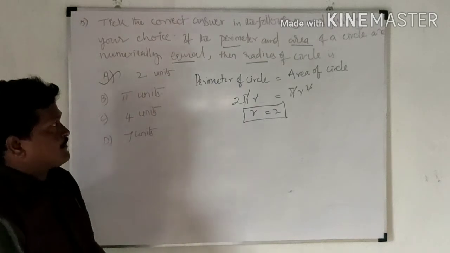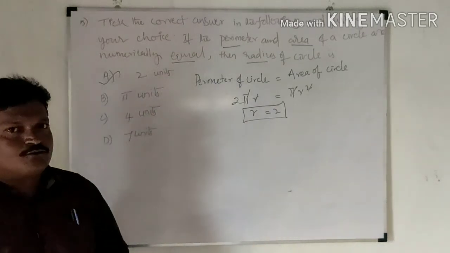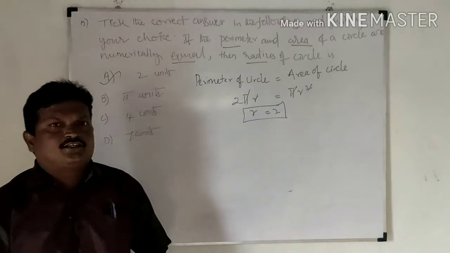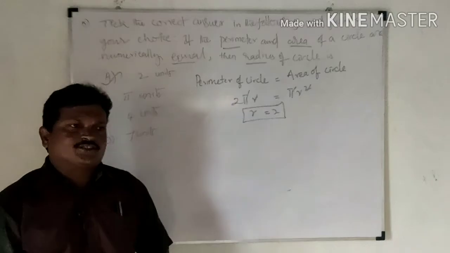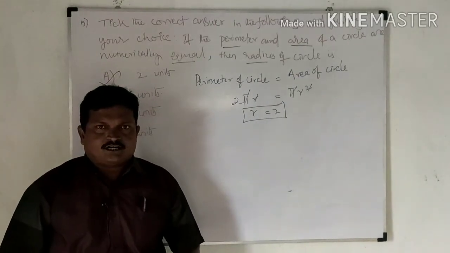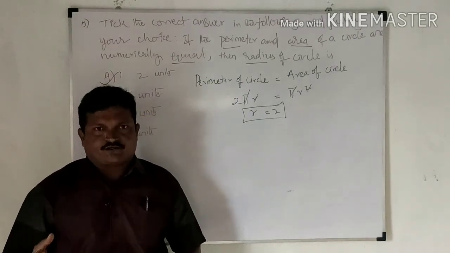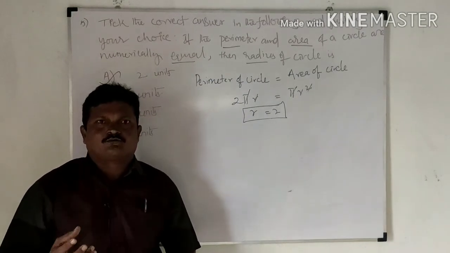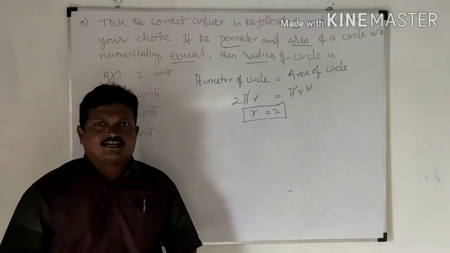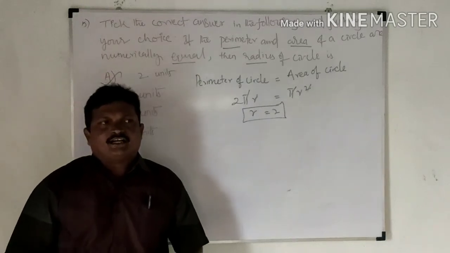Up to now we have finished 5 questions from exercise 12.1. Only 5 questions are there in 12.1. In the next video we have to discuss what is a sector, what is a segment, what is the formula for finding the area of a sector of a circle, and how to find the area of a segment.